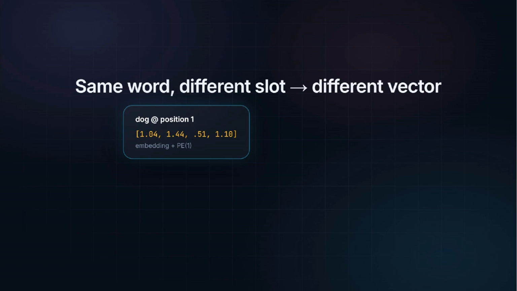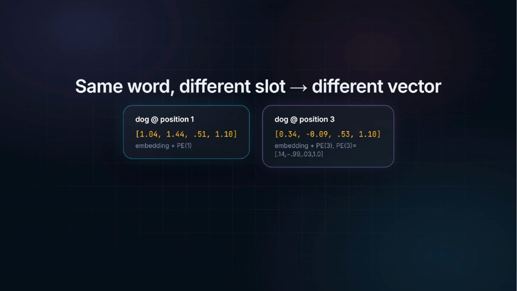Here's the payoff side by side. Dog in position 1 is 1.04, 1.44, and so on, the vector we just built. Dog in position 3, we compute PE of 3 the very same way. Sine of 3 is about 0.14, cosine of 3 about minus 0.99, and add that instead, giving a clearly different vector, 0.34, minus 0.09, and the rest.